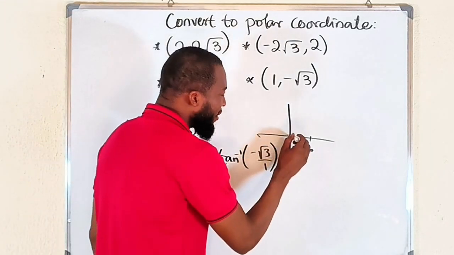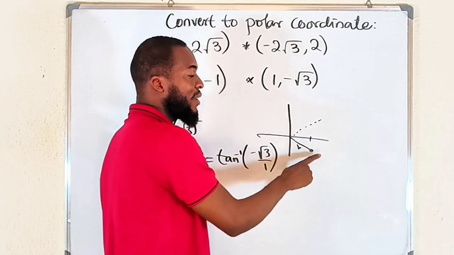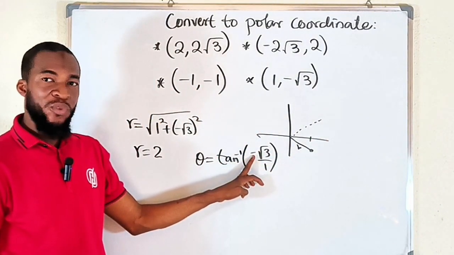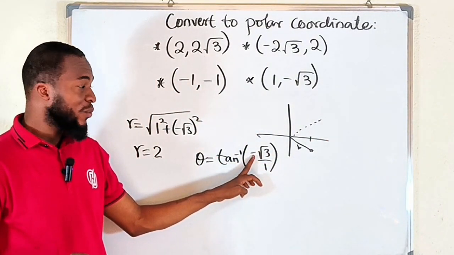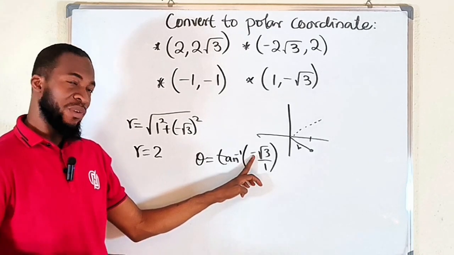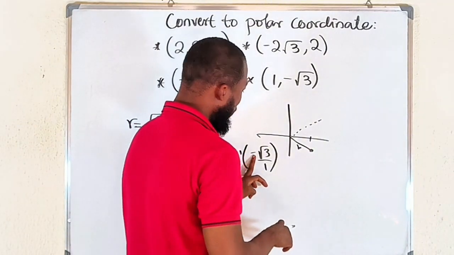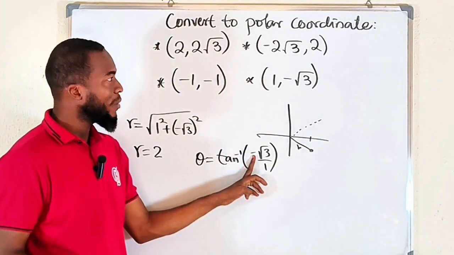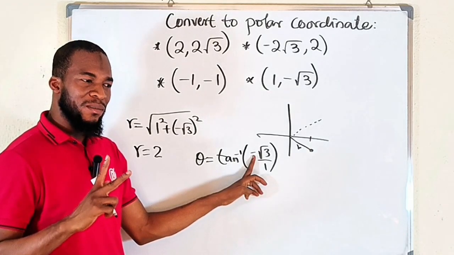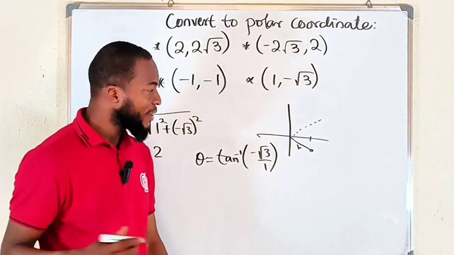So you can find that small angle in the first quadrant, then subtract it from 360, it will surely give you this angle. So what if we have root 3, just root 3? It is going to give us what? 60 degrees, right? Let me use degrees instead of radians because I'm interchanging them. Okay, let me use radian this time around because I could remember I used degrees twice. But notwithstanding, they are all the same, different conversions.